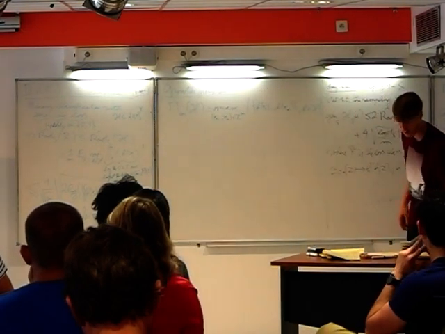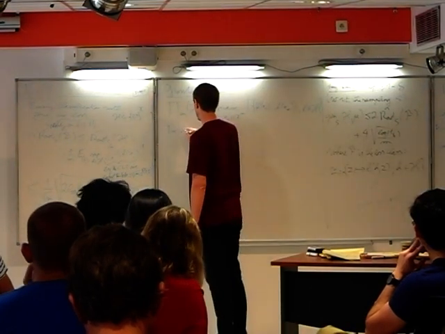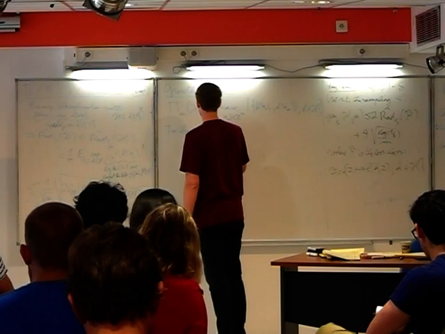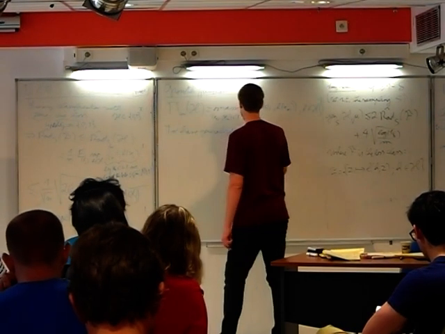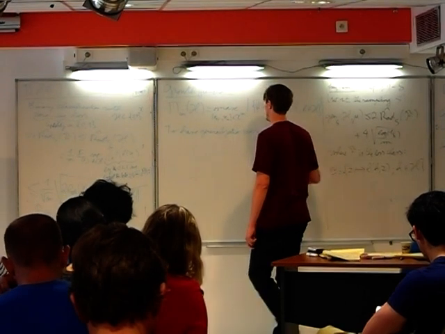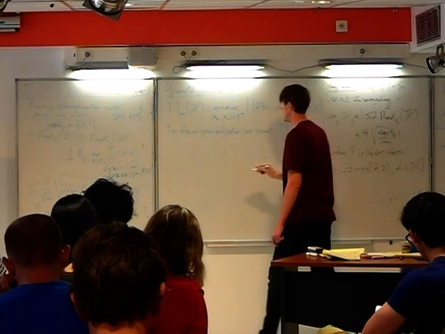Let me say this again. To have generalization, we want pi m of H to be polynomial in m.